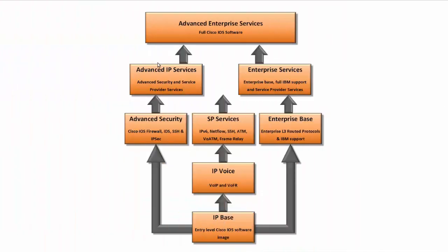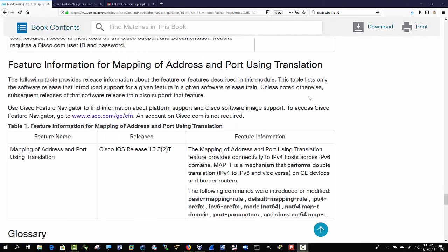So now what we're looking at here on the screen is what is known as a feature set hierarchy. This is for any software releases that are before version 15. Notice that your IOS is going to group commands based on the services that they can enable. So now let's take a general example. Suppose you're hammering away inside the command line and you get a command that's not understood.